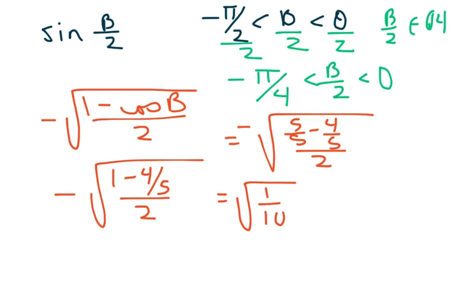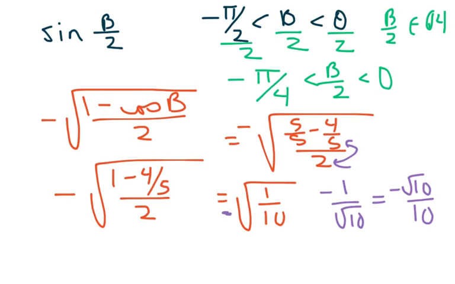Recall that you can multiply these two, and we get, don't forget your negative, negative 1 over root 10, which equals negative root 10 over 10 after you rationalize it.